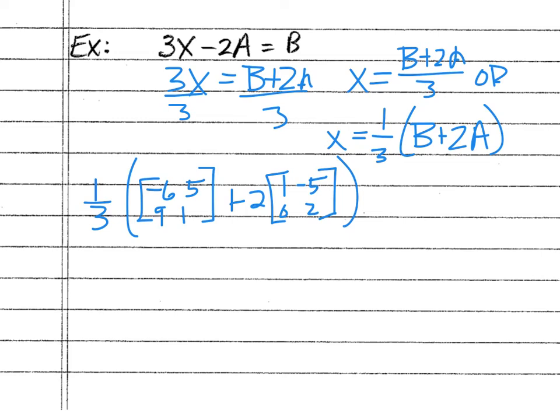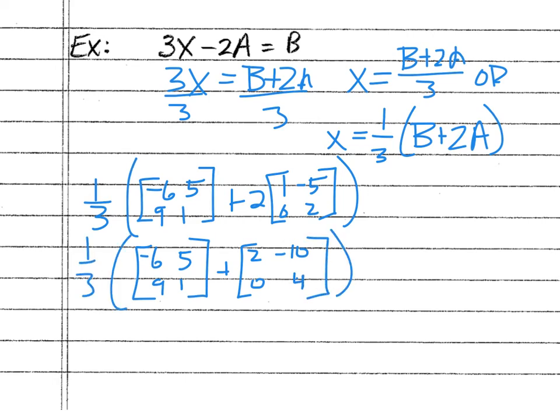Okay, so now on this one, I'm going to distribute my 2 and then add and then multiply everything by a third. So distribute my 2. I'm still going to have negative 6, 5, 9, and 1 plus 2, negative 10, 0, and 4. And then at the end, we're going to multiply it all by a third.